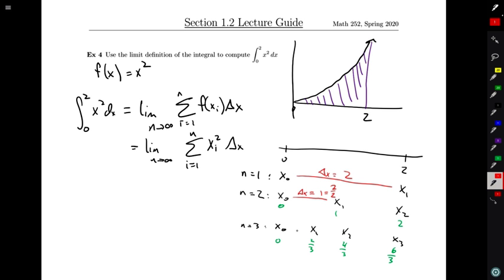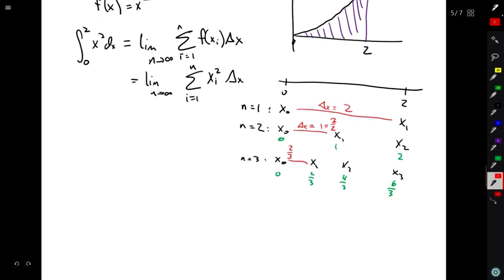The delta x here is going to be 2/3, the difference between those two x values, which again is the length of the interval divided by the number of rectangles.